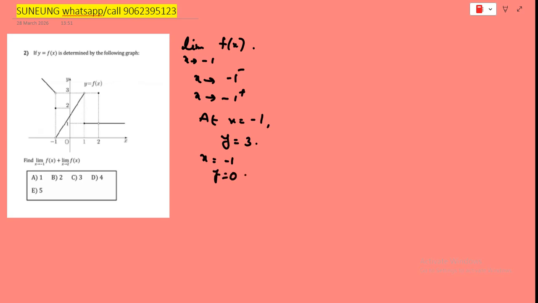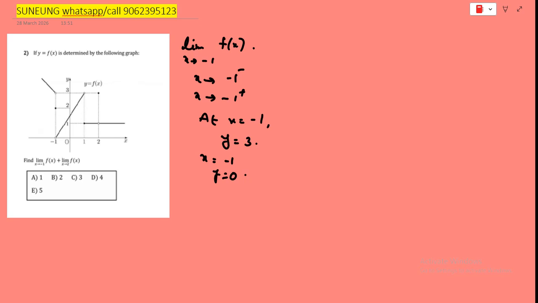Okay, so if the question asks for the general limit and they don't meet, it does not exist. Okay, but in this question, if they give you a multiple choice answer, we need to see if we have misread at the dot or if the question implies a specific side. So let's look at x tends to 2.